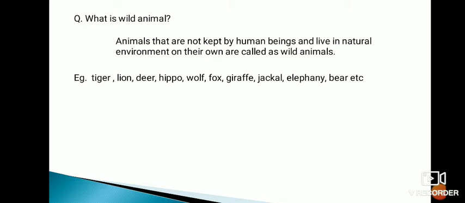Tiger, lion, deer, hippo, wolf, fox, giraffe, jackal, elephant, and bear, etc. So these animals are wild animals and they live in natural environment, maybe in forests or open grassland or somewhere, but these animals are not kept by human beings. We do not domesticate them, we do not keep these animals with us, okay. They are wild animals. All right, let's see the next one.